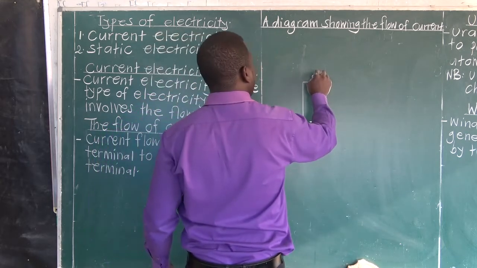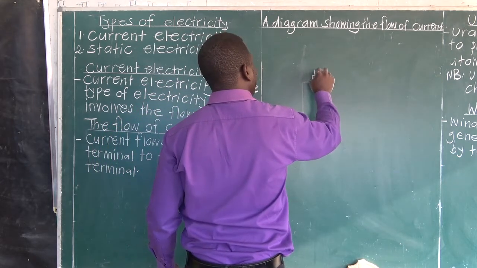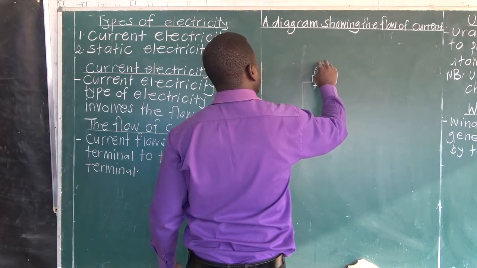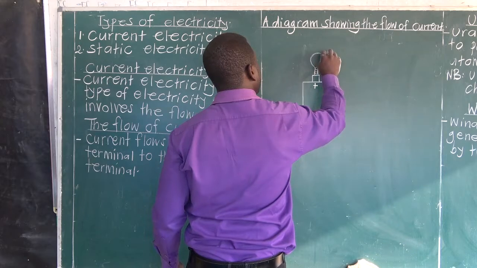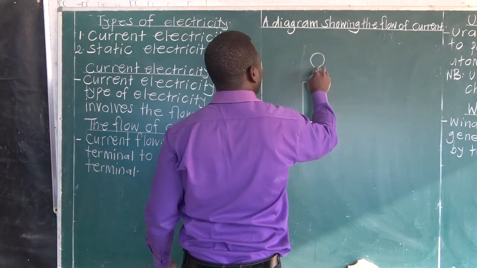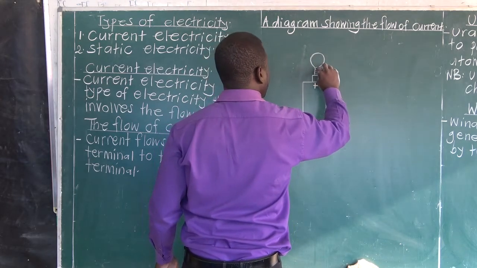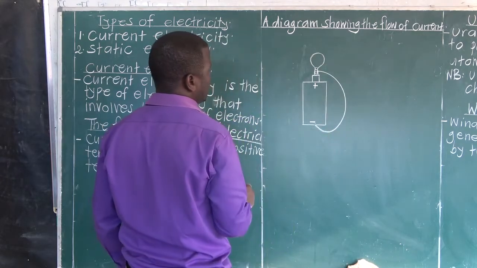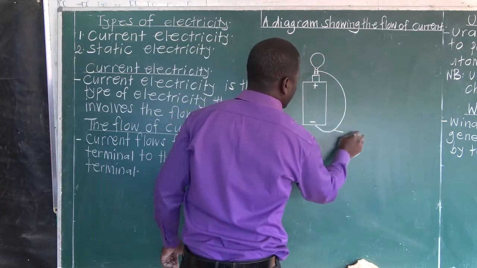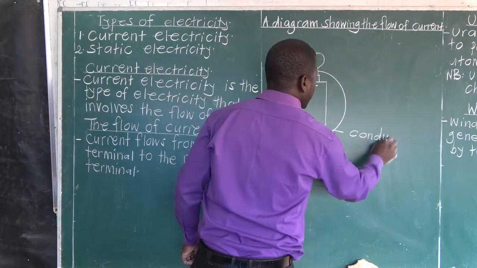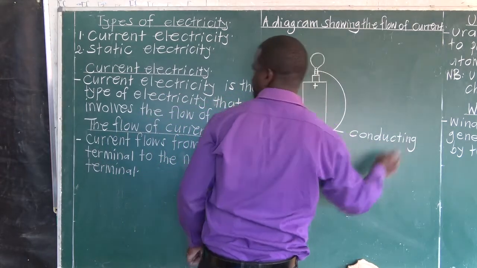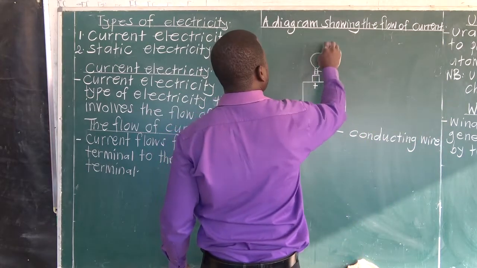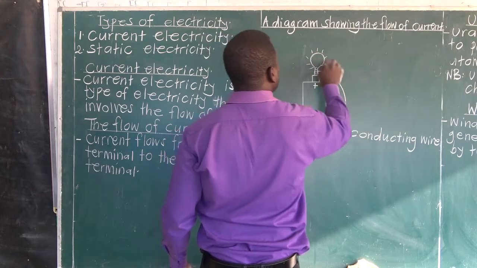So you connect a bulb on the positive terminal, then you connect your conducting wire. This one is called conducting wire. That one is a bulb giving out light.